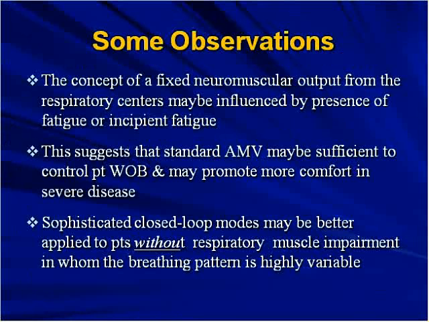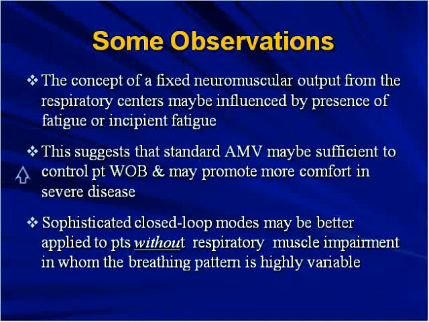So in ending this up, one of the things I want to emphasize, again, is the concept of a fixed neuromuscular output from the respiratory centers in patients who have respiratory muscle fatigue, or what we call incipient fatigue, where to save the organism, the brain shuts down the amount of work output.